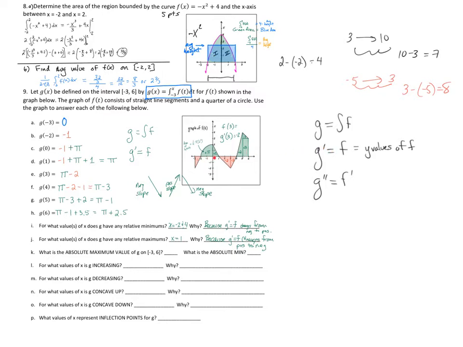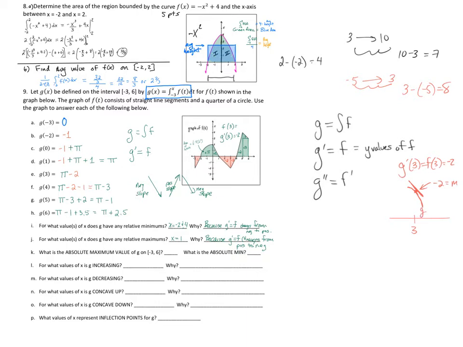Well, at x equals 3, the y value of f is -2. So we could say g prime of 3 is equal to f of 3, which is just -2, which means whatever's happening with g at the time, let's say g looks something like this. At x equals 3, that slope right there at that instant would be -2. That would be the slope of g.